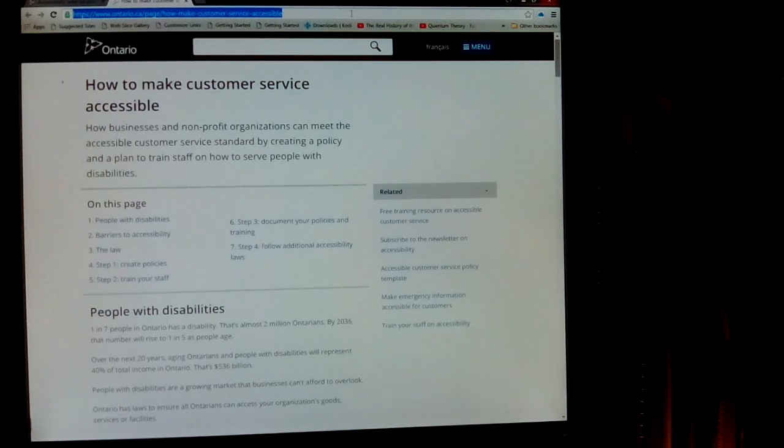So, how to make customer service accessible. How businesses and nonprofit organizations can meet the accessible customer service standard by creating a policy and plan to train staff on how to serve people with disabilities. On this page: 1, people with disabilities; 2, barriers to accessibility; 3, the law; 4, step 1, create policies; 5, step 2, train your staff; 6, step 3, document your policies and training; 7, step 4, follow additional accessibility laws.